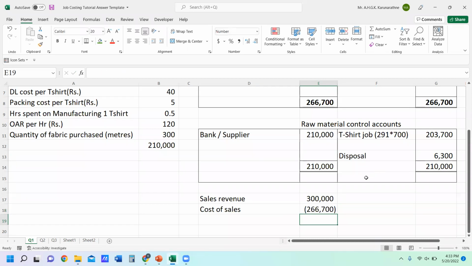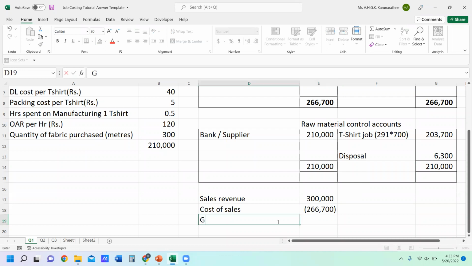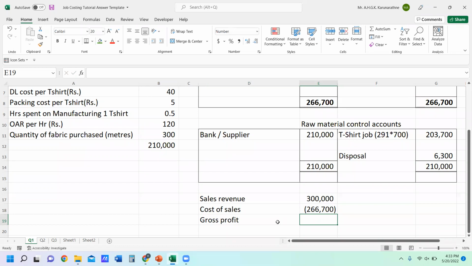Right? This is the cost of sale. Then the gross profit. This much of gross profit we have made for the period.